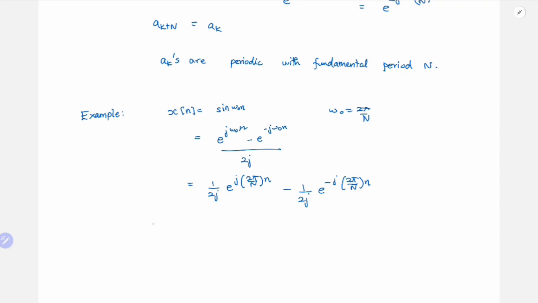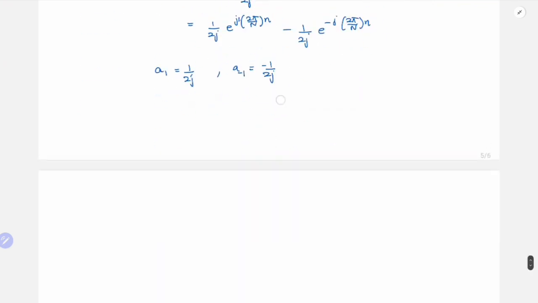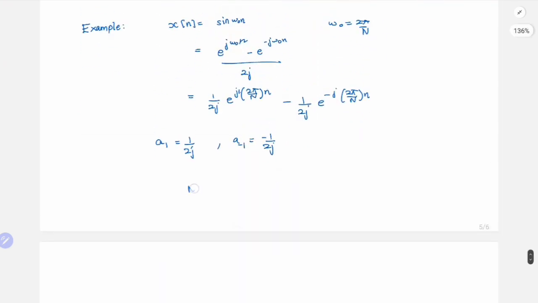So what are my coefficients? This is a1 because I have coefficient 1, and here I have coefficient minus 1. So my a1 is equal to 1 over 2j, and a minus 1 is equal to minus 1 over 2j. And if, for example, I take n equal to 4, then my a_k are also periodic with n equal to 4.